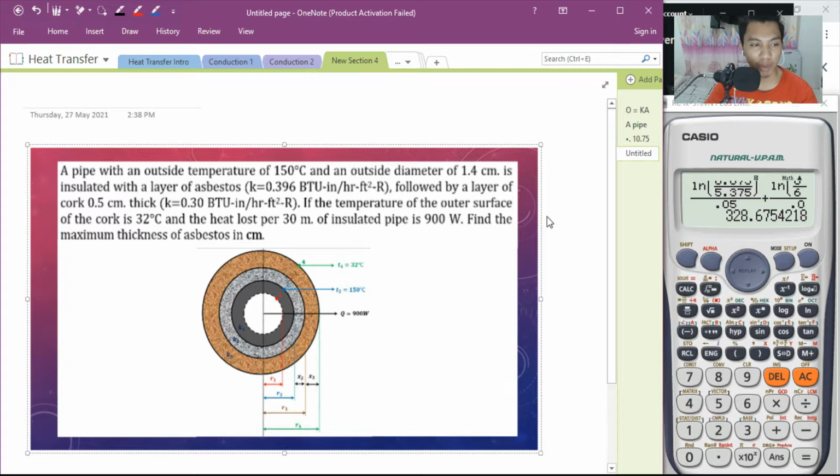Followed by a layer of cork, cm thick. And if the temperature of the outside surface of the cork is 32 degrees Celsius and the heat loss per 30 meters of insulated pipe is 900 watts, find the maximum thickness of the asbestos in centimeters. I think this is very basic na problem, okay?